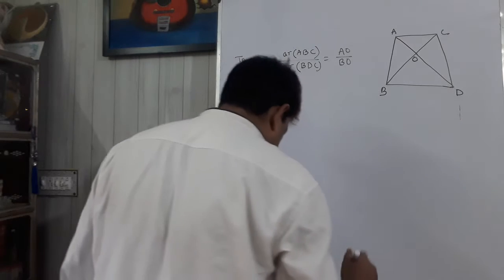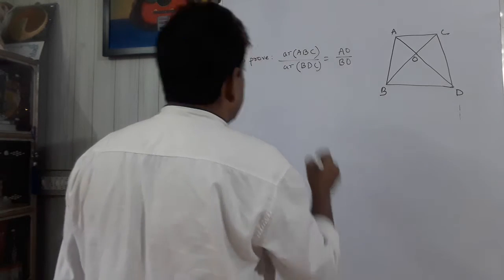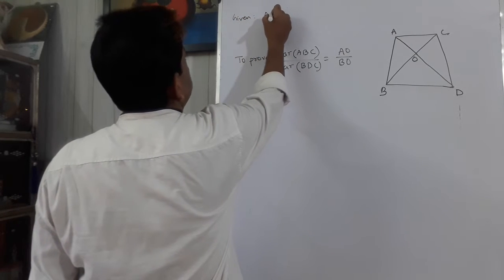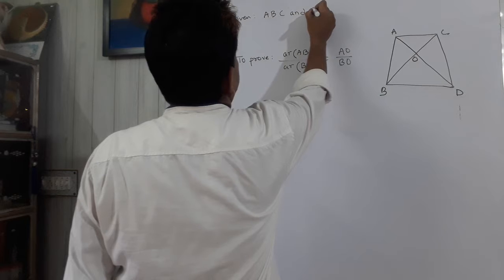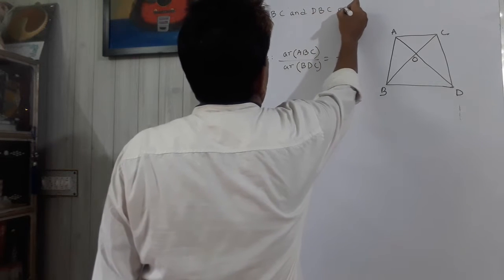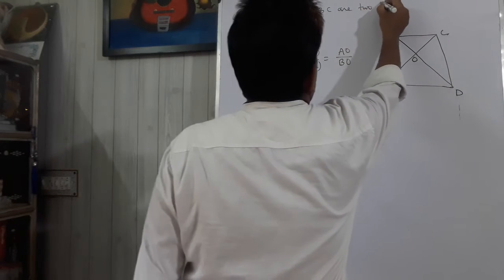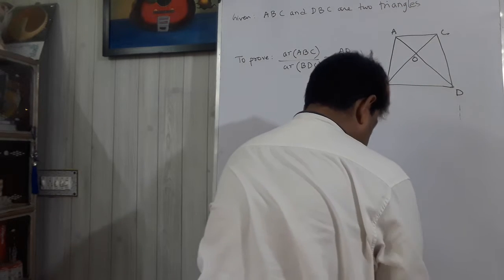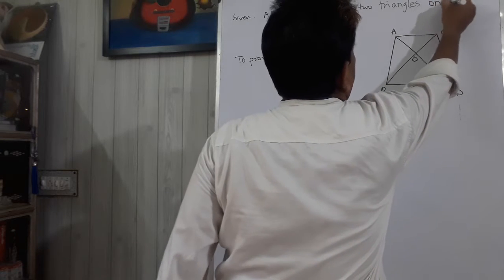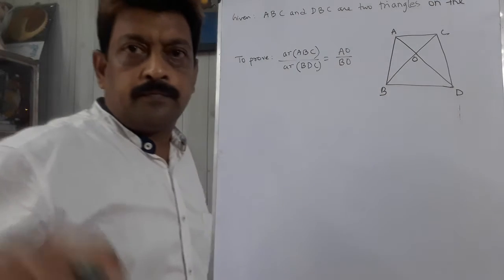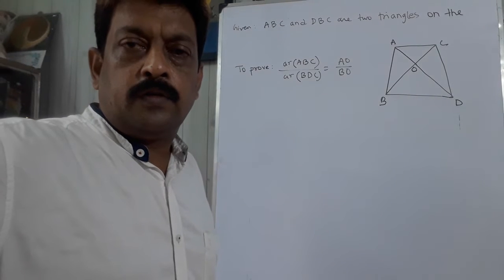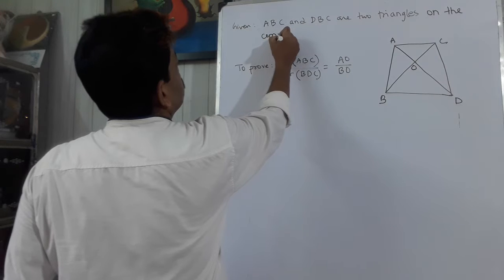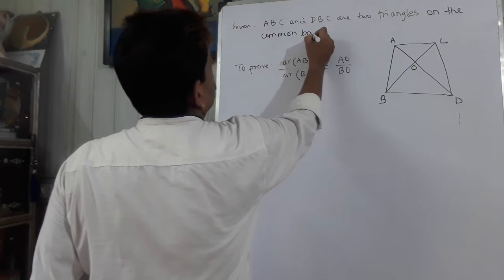First let me write down the question. Given: ABC and DBC are two triangles on the common base BC.